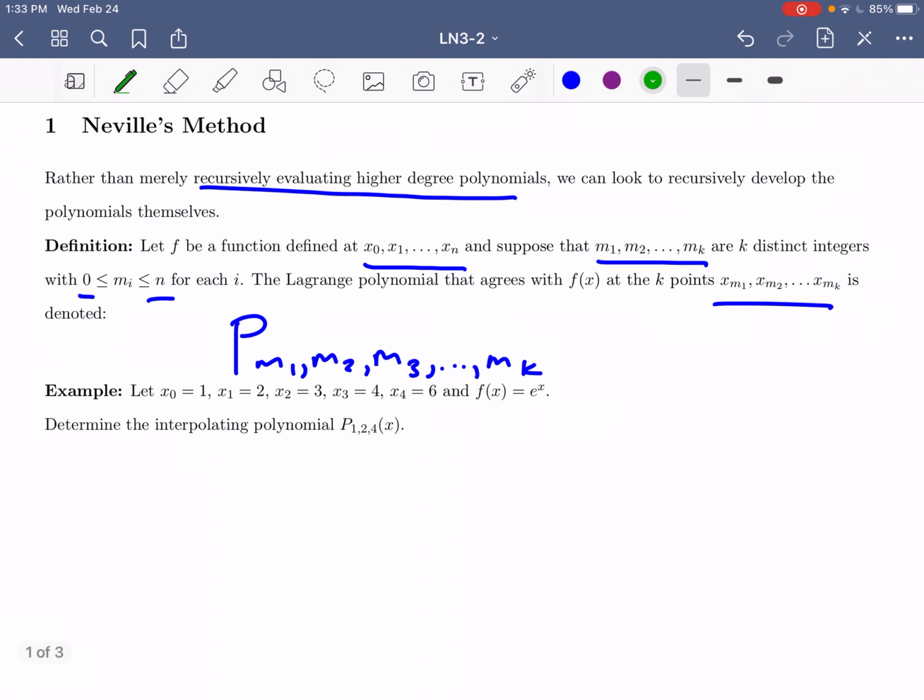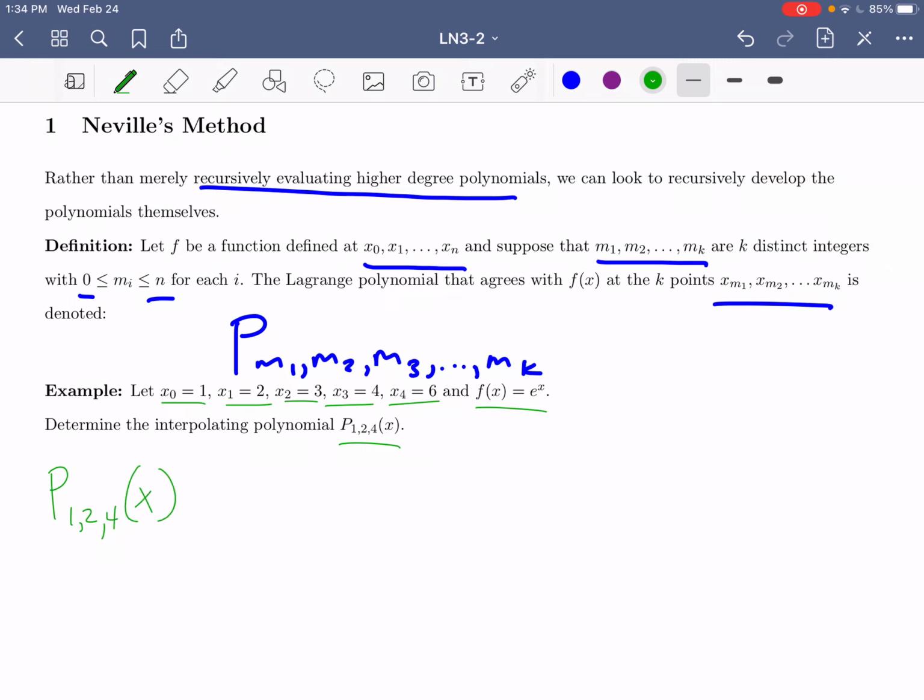Let x0 be 1, x1 is 2, x2 is 3, x3 is 4, and x4 is 6. The function for which we're going to find the Lagrange polynomial is e to the x, and we are going to determine the interpolating polynomial p1,2,4 of x.